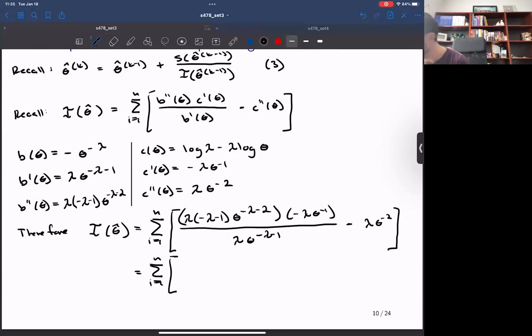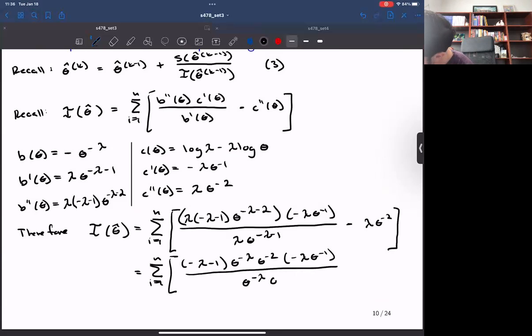If I divide by lambda, I should get negative lambda minus 1, theta to the negative lambda, theta to the negative 2, minus lambda theta to the negative 1, divided by theta to the negative lambda, theta to the negative 1, minus lambda theta to the negative 2.